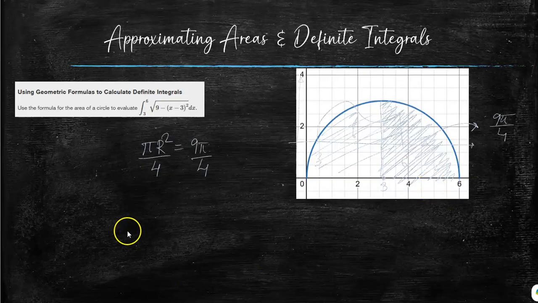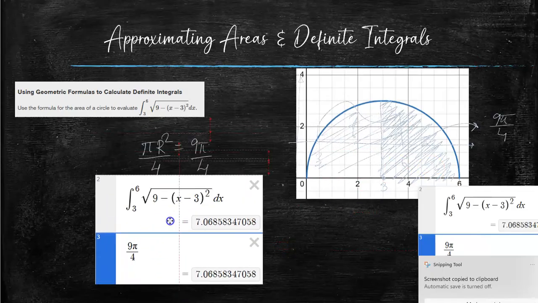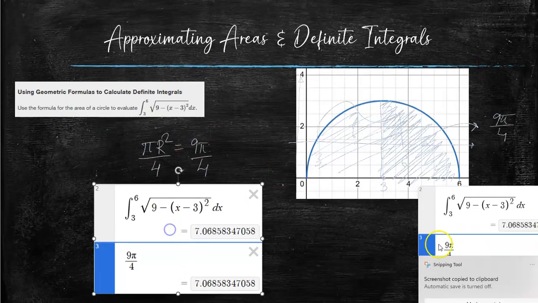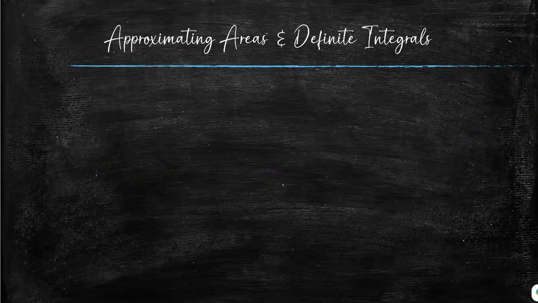This is what we got by typing this into Desmos, confirming that we got the right answer. And we got this skill of computing some of these definite integrals by simply understanding that a definite integral represents the area.